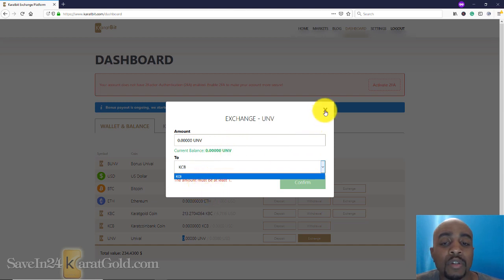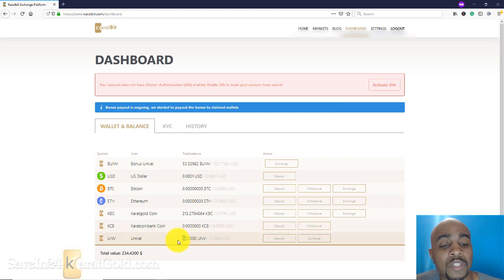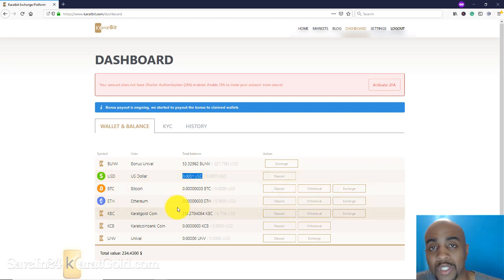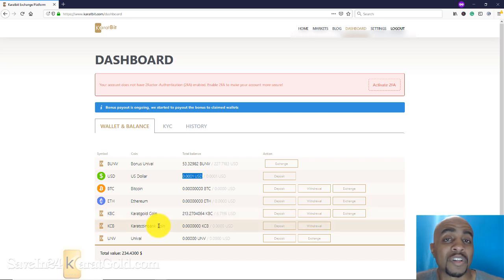Once we moved it to USD, the univals would decrease here, and then your amount in USD would increase here, and then you would just simply take this number or whatever your USD is and use that to exchange into KBC. Well, now the beautiful part is the univals are now on the exchange, so we no longer have to do that step, and I'll show you that.